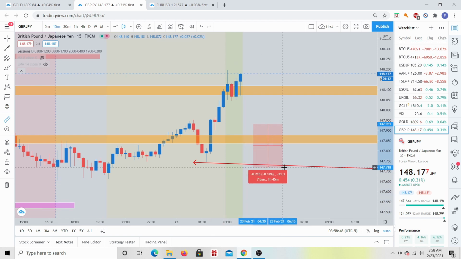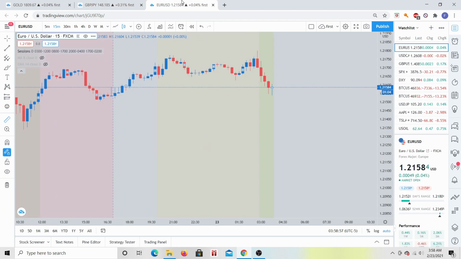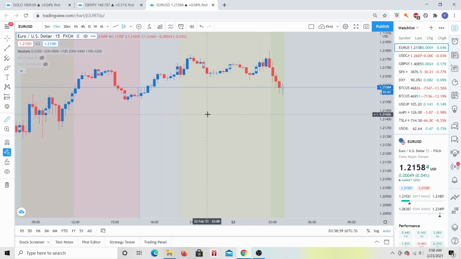You guys need to understand that certain pairs are more volatile than others, because as you can see, look at the Euro USD on the 15-minute. This one is 3.5 pips, and I think this one was at 12:45 a.m. But look at this, yo.